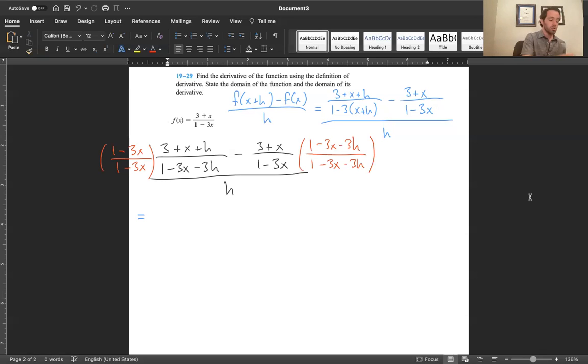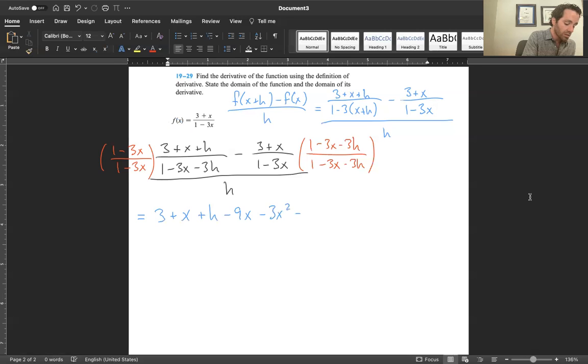3 plus x plus h. We're going to do multiplications like this. Boom, boom, boom. So 1 times 3 is 3. 1 times x is x. 1 times h is h. Minus 3x times 3 is minus 9x. And then times x is minus 3x squared.